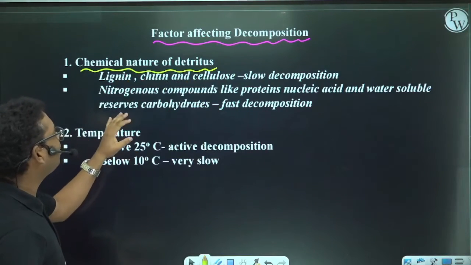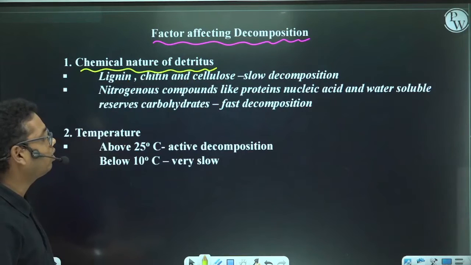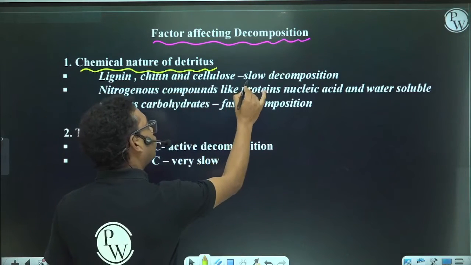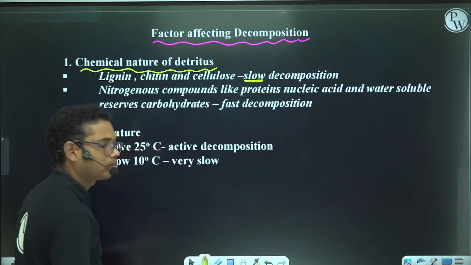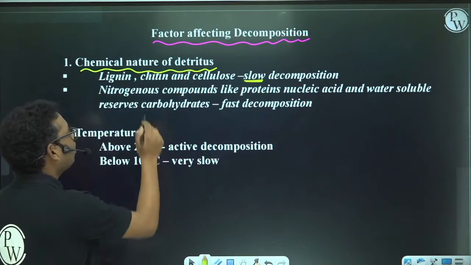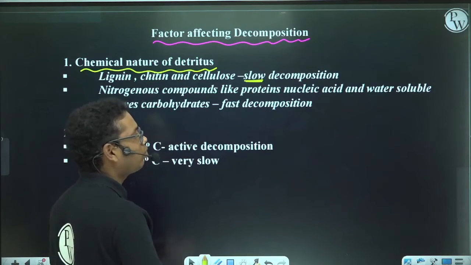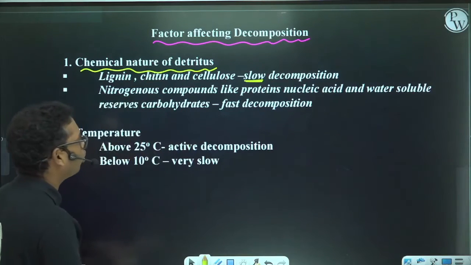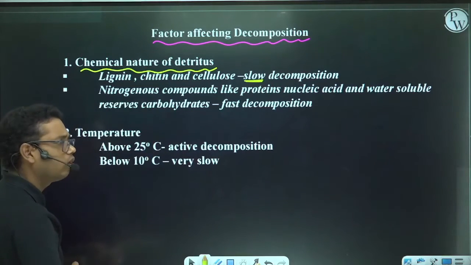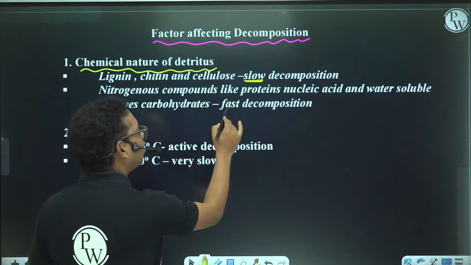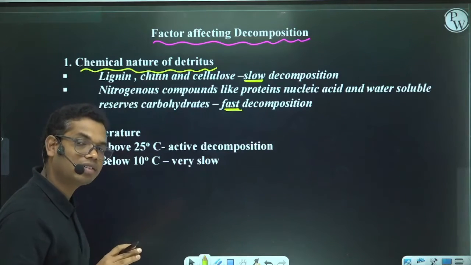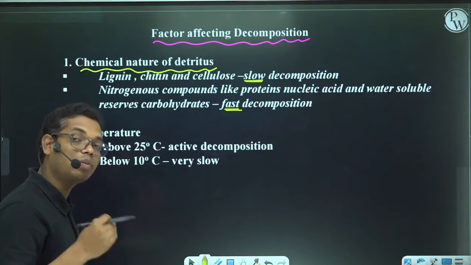If a detritus has a high amount of lignin, chitin, or cellulose, that will undergo decomposition at a very slow rate. But if a detritus has nitrogen rich compounds like proteins, nucleic acids, or water soluble carbohydrates, they will undergo faster decomposition.